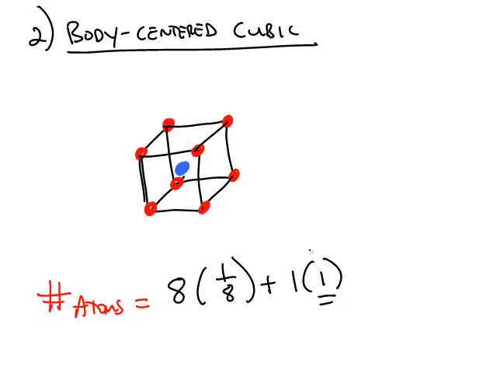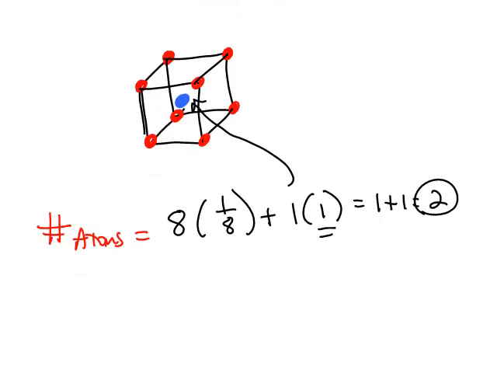So this atom in the center is 100% in that unit cell. So we get a total of 2 atoms in a body-centered cubic unit cell.